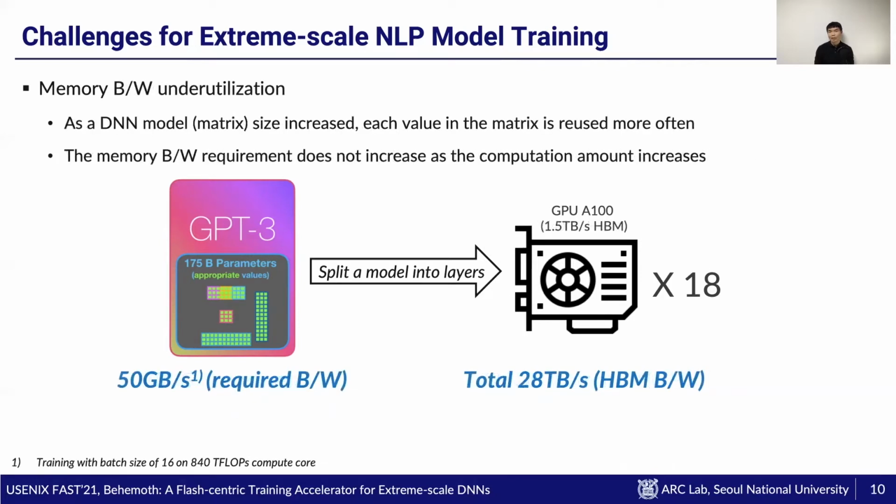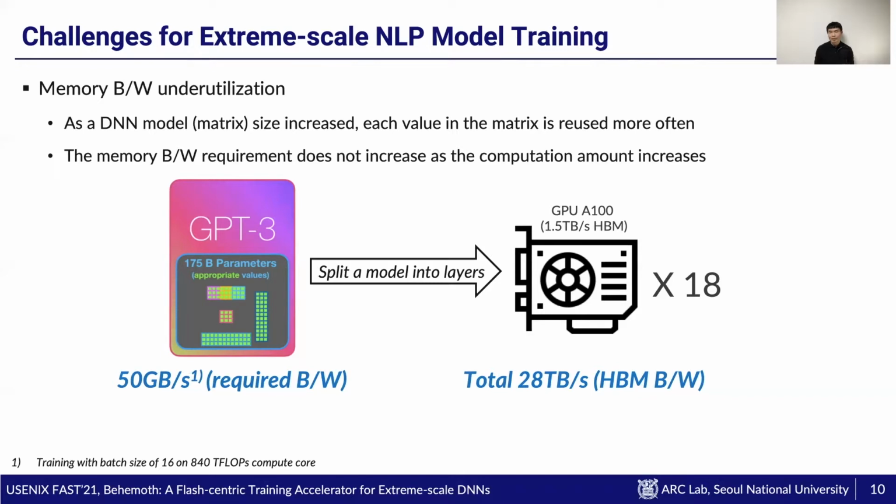Furthermore, according to our analysis, we have found that such extreme scale models often cause lower utilization of memory bandwidth. This underutilization is caused by a much higher degree of data reuse due to an increase in matrix size.